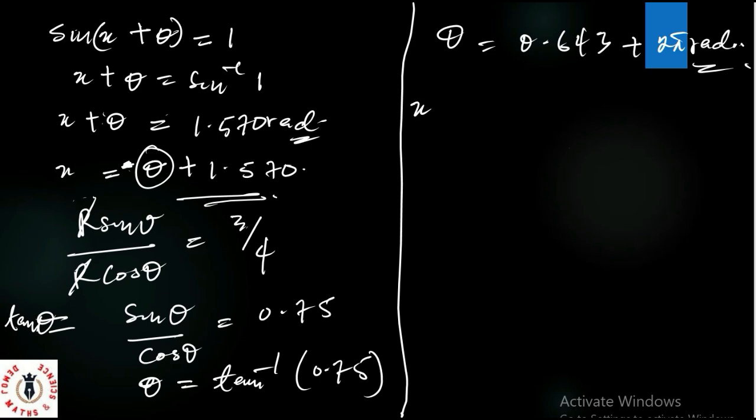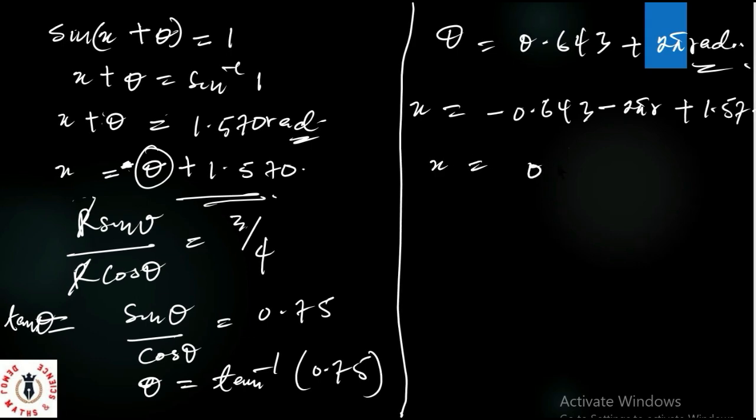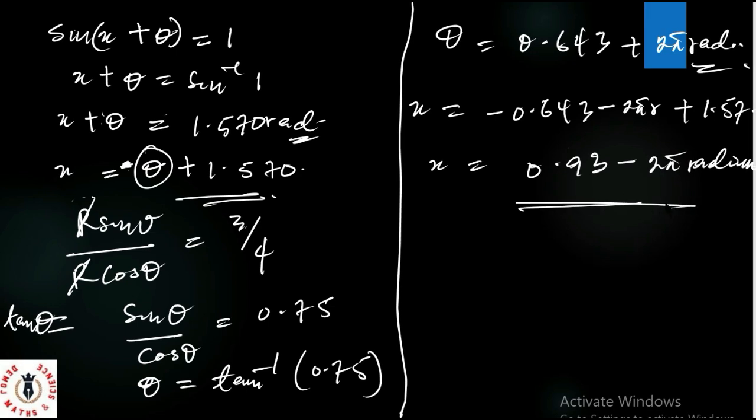So that x now equals minus 0.643 minus 2 pi radians plus 1.57. So that x now equals 0.93 minus 2 pi radians.